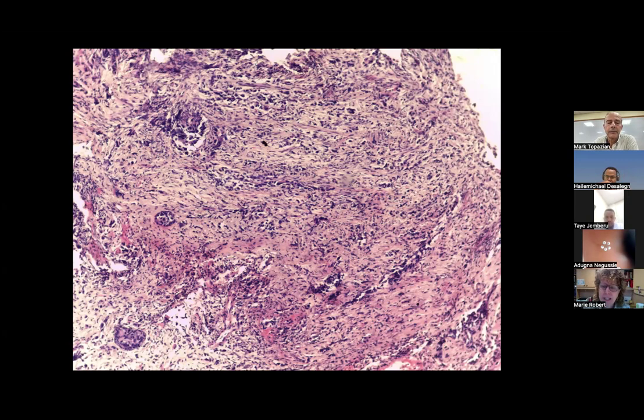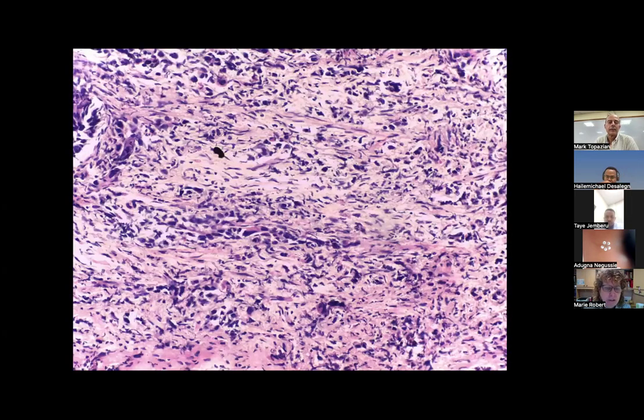So a higher magnification, and to me there are several cell types here. One is in the background. There are bland fibroblasts or myofibroblasts with these elongated nuclei laying down collagen. So they're reacting, and it could be a cancer, it could be an inflammatory process. They react to anything. And then there are some neutrophils and inflammatory cells with small nuclei percolating around in the background here.